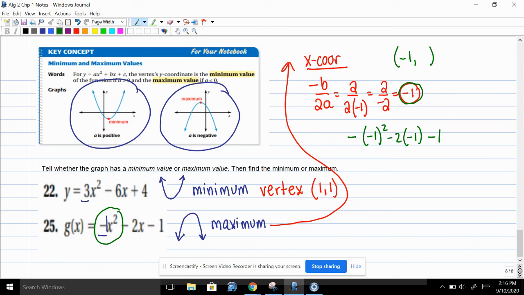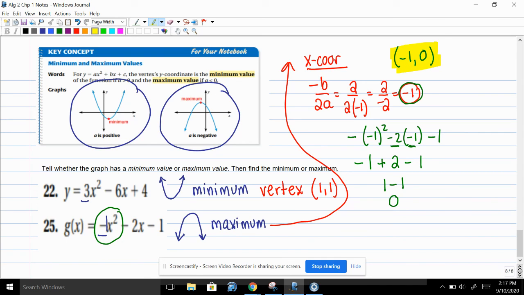So negative 1 squared is positive 1, so that makes it a negative 1. I know that's kind of weird. Negative 1 squared is 1, and then it gets in front of that other negative. A negative 2 times a negative 1, negative times a negative makes it a positive, plus 2, minus 1. Negative 1 plus 2 is 1. 1 minus 1 is 0. So the y-coordinate of your vertex is 0.